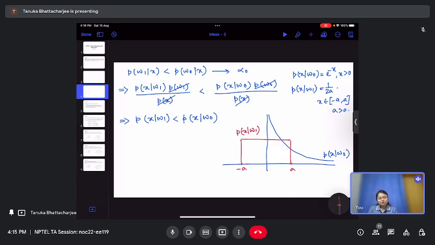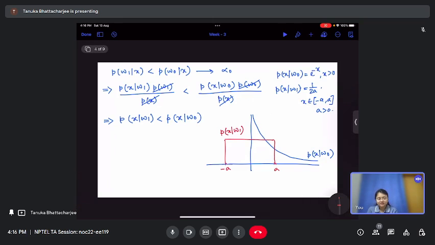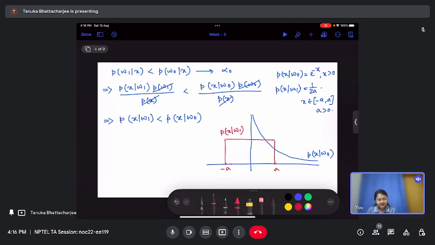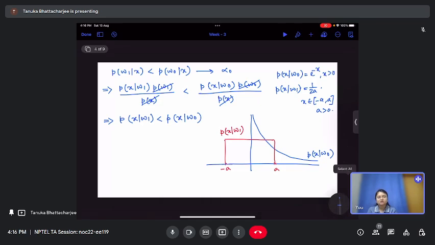Now, let us look again at the expression that we have: for taking action alpha 0 we should have probability of x given omega 1 less than probability of x given omega 0. Similarly, for taking the action alpha 1, the condition will be reversed. So, p of x given omega 0 should be less than probability of x given omega 1.